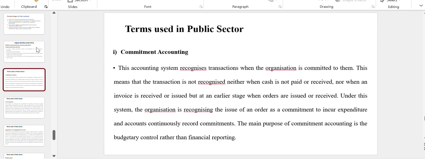Now let us discuss some of the important terms that you are going to come across in public sector. This is very important because even in the past papers, you are going to come across questions whereby you are provided with terms and you are required to explain those terms.